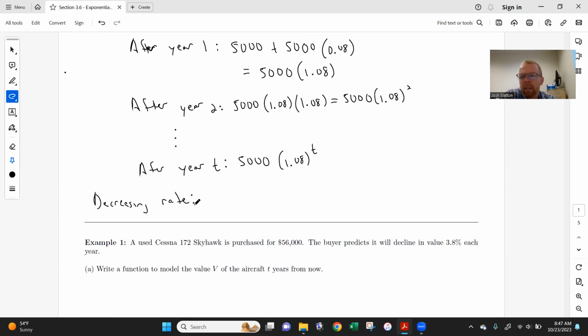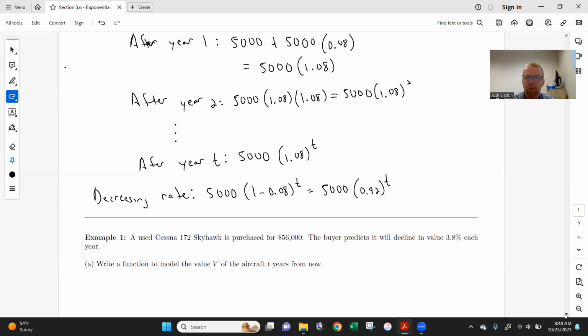So if we were decreasing at 8% per year, then instead of 1 plus 0.08, it would be 5,000 times 1 minus 0.08 to the t, or 5,000 times 0.92 to the t. So it just depends if it's increasing or decreasing, and we get an exponential equation.